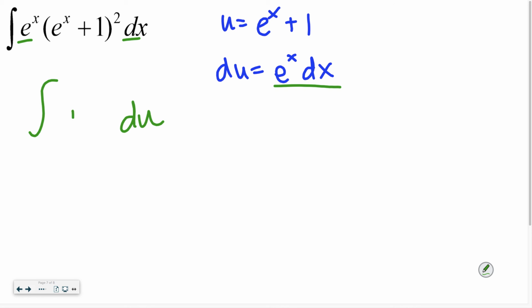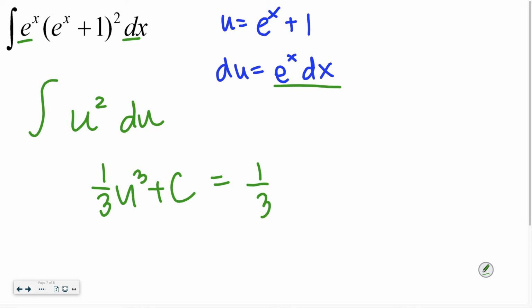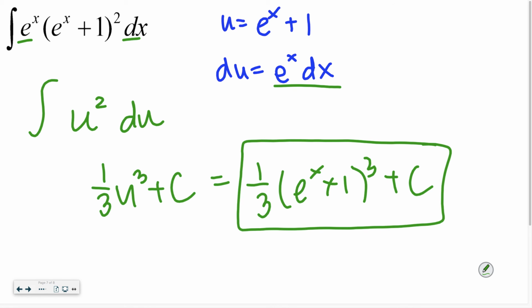And then this just becomes u squared du. So we have 1/3 u cubed plus c. And we replace u with what we set it equal to, and voila, we've got it.